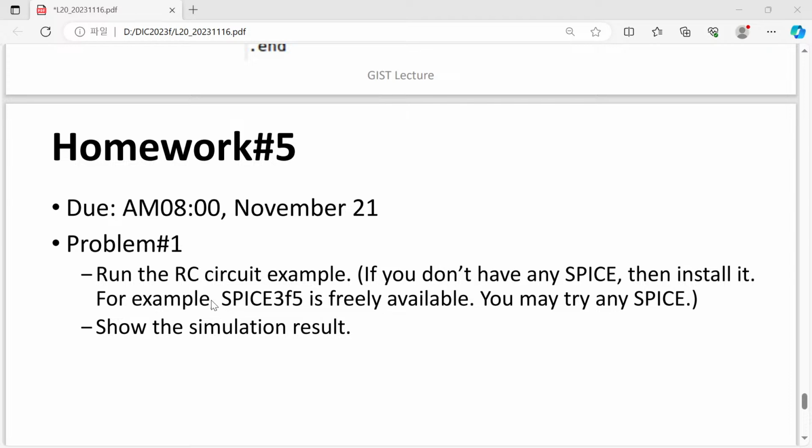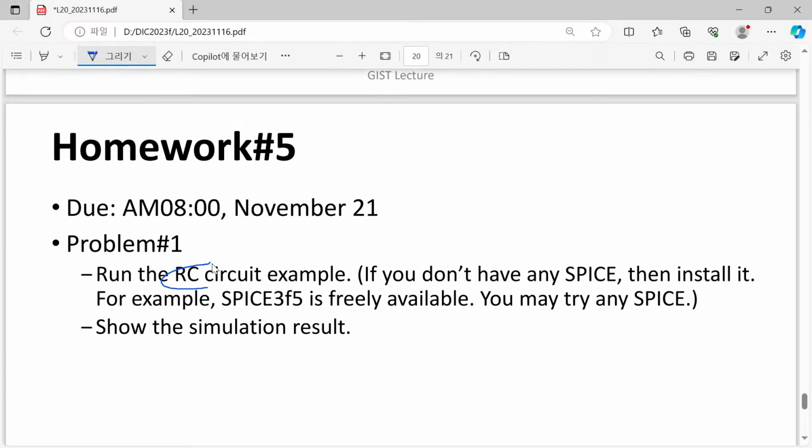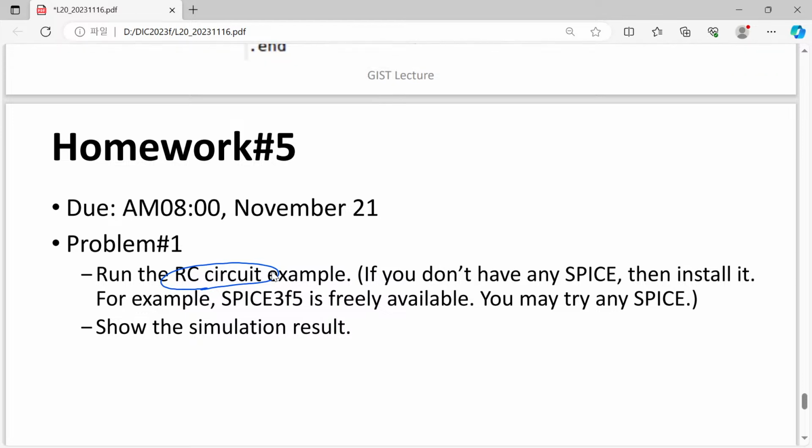We have studied three different SPICE tutorials. However, just do the first one, a very simple RC circuit example. Please learn the simulation and report your result.